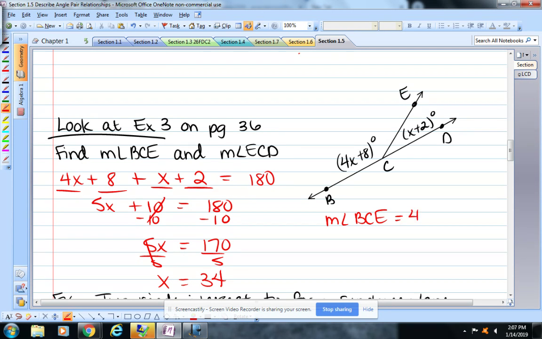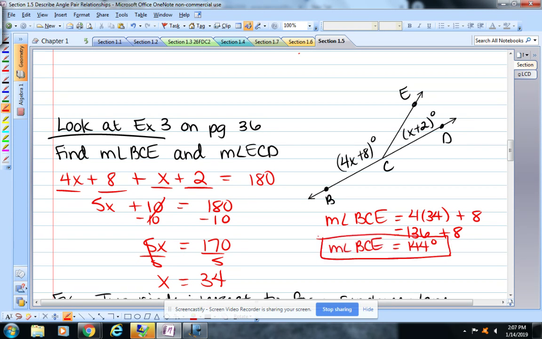So I can say 4 times 34 plus 8. Calculators are a friend sometimes. What is 4 times 34? 136 plus 8 more degrees is how many degrees? 144 degrees. So that's the measure of angle BCE.